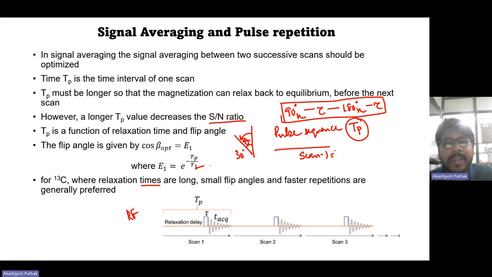So if the T1 is high, we keep the flip angle low, and if the T1 is low, we keep the flip angle high. In this way, we can adjust the value of TP.